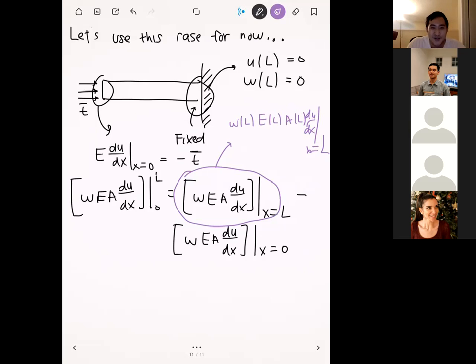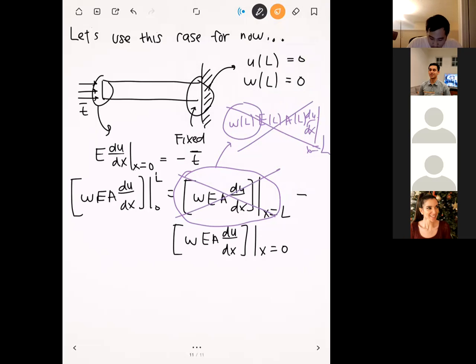One thing that should jump out at you here is that we have w of L right here, and we know from our requirements on w that w of L is equal to 0. So that will cancel out this entire term. That's nice. Our one rule for w ends up saving us some math.